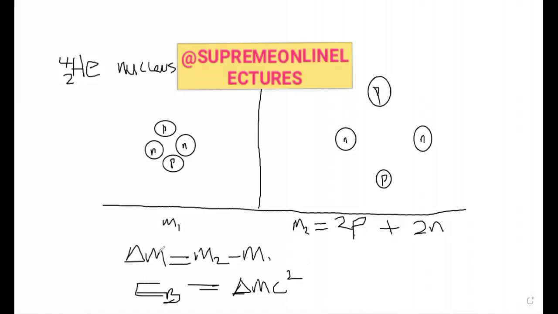That is to say, we are going to convert the mass defect to energy. So that minimum amount of energy that is required to separate the protons and the neutrons in that atom is what is referred to as binding energy.